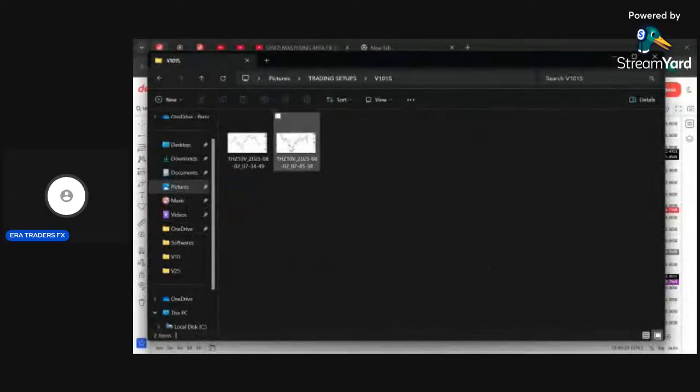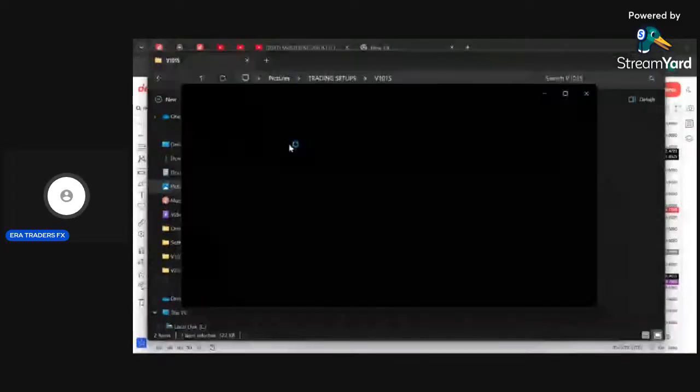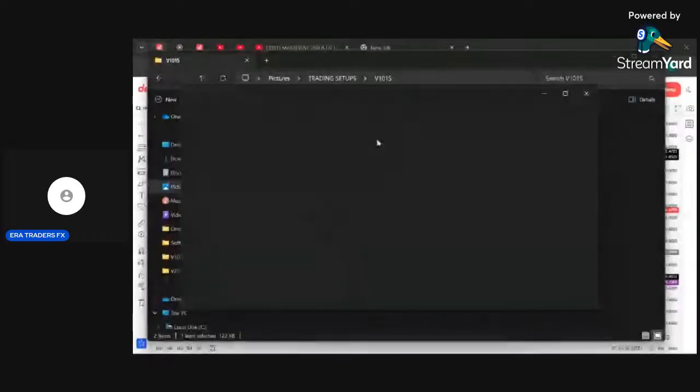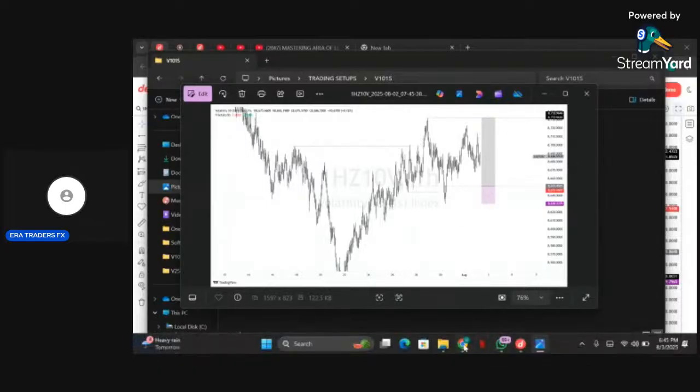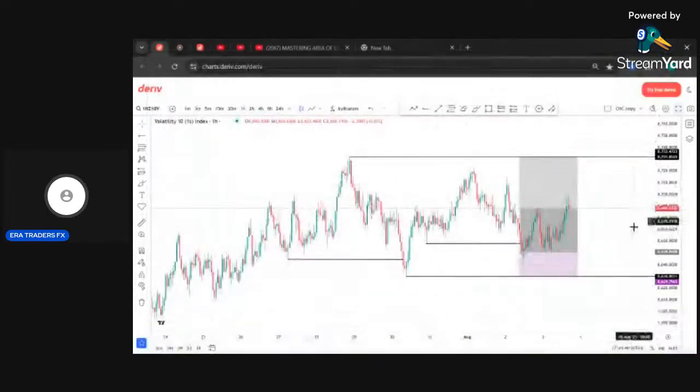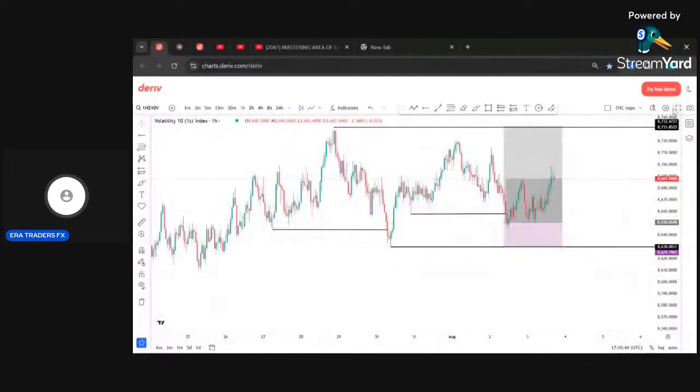So V10 1S, you see it clearly here. This is on my major chart. You see the entry on the 1 hour time frame, and this is what price has done. Look at it. That's the setup.